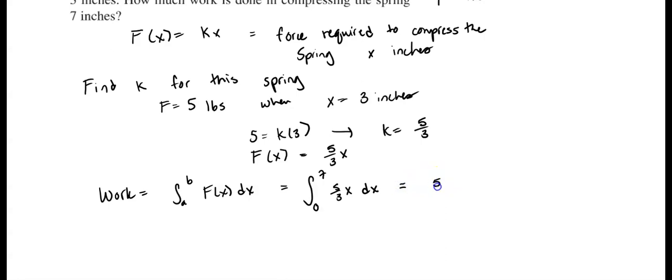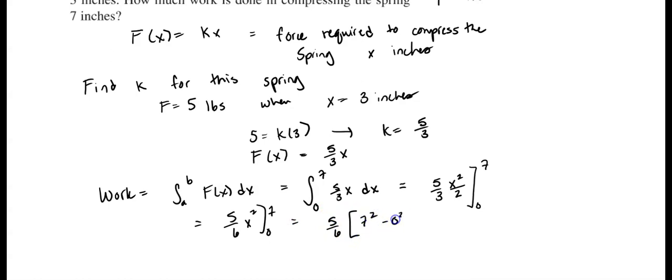So we'll have 5/3 times x squared over 2 from 0 to 7, or 5/6 x squared from 0 to 7. And when I plug in my bounds, I get 7 squared minus 0 squared times 5/6. And 7 squared is 49 times 5/6 gives me 245 over 6.